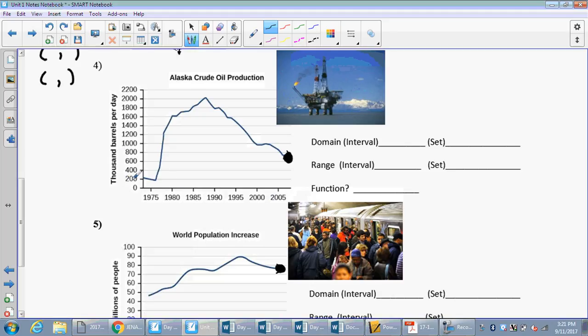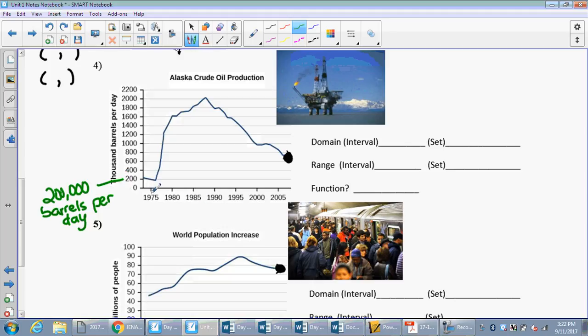So like 200 actually means 200,000 barrels per day. And this is 600,000, 800,000. So looking for the domain in interval and set notation, I'm looking at the years.